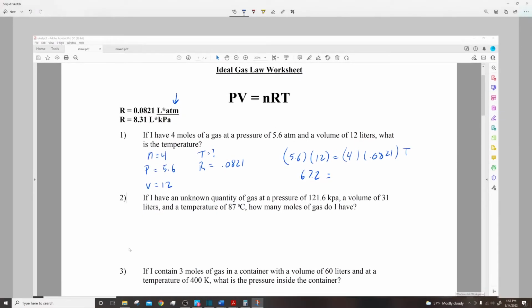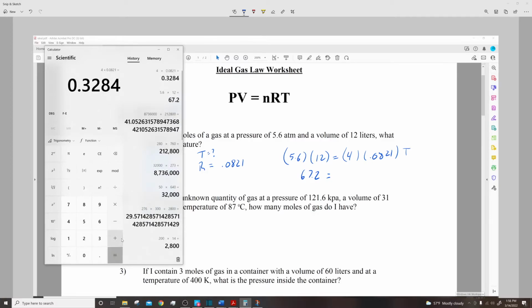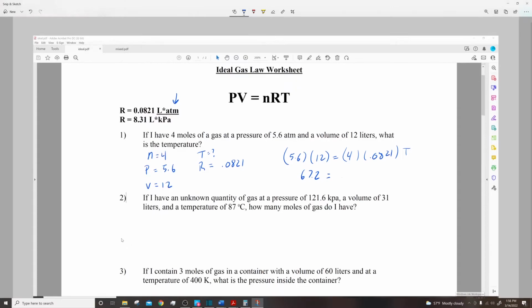Bring down the equal sign. And then we have 4 times 0.0821, and that gives us 0.3824. And be sure to bring down the T.